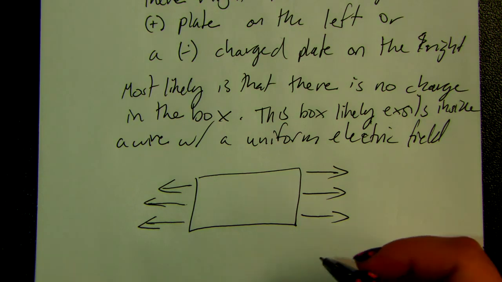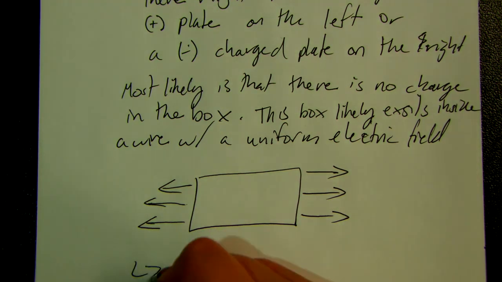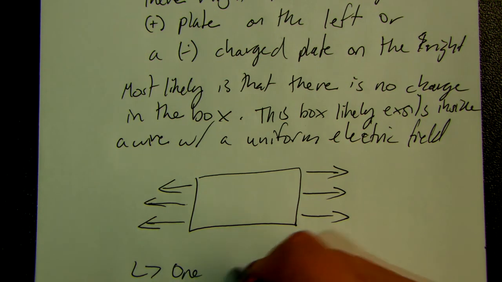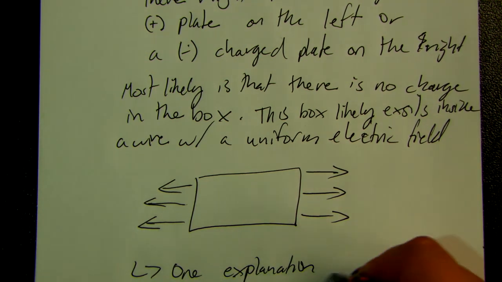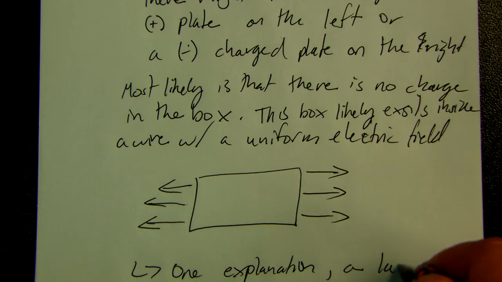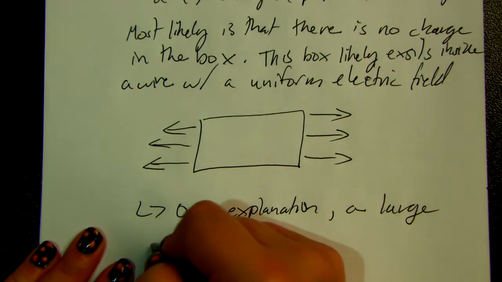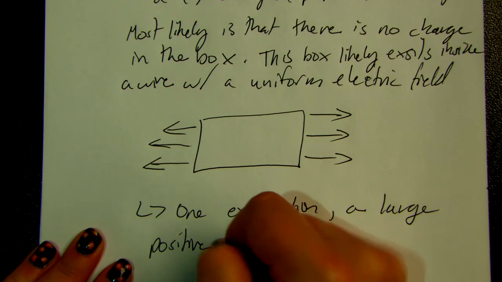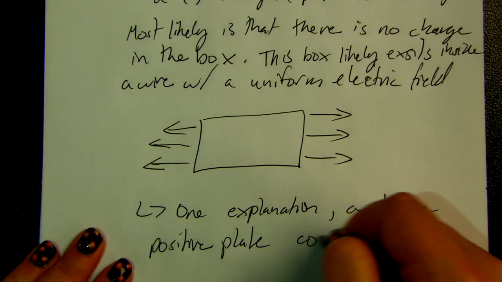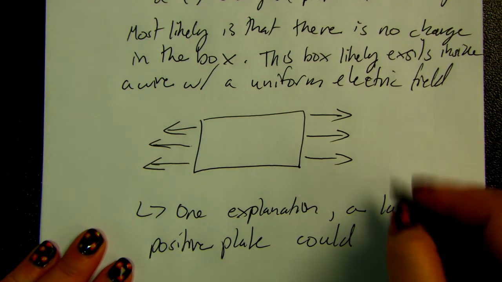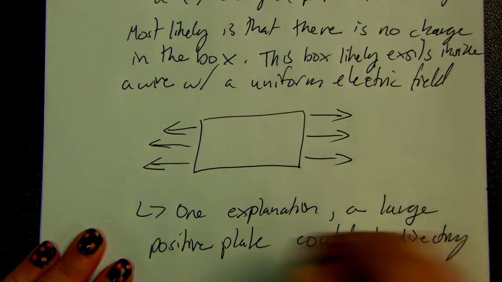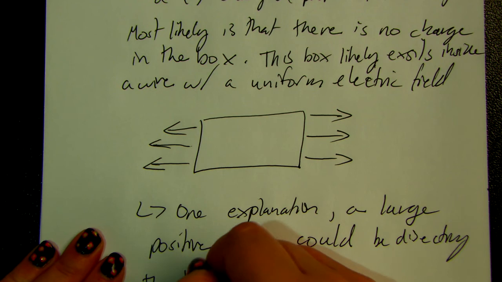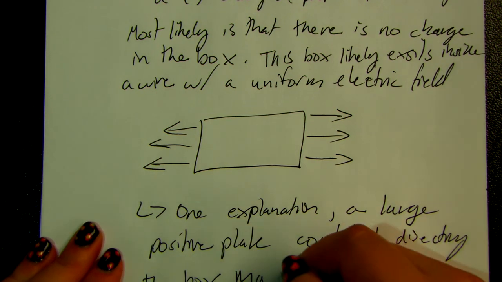So one explanation: a large positive plate could be dissecting the box, making an electric field.